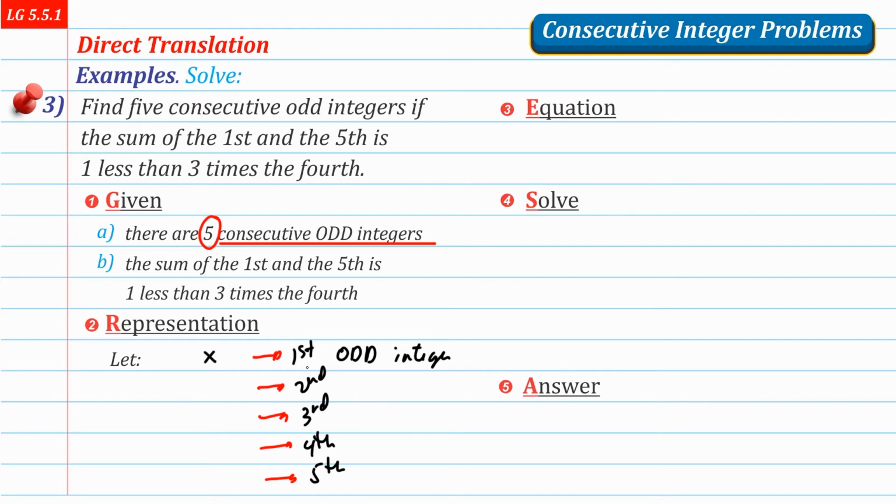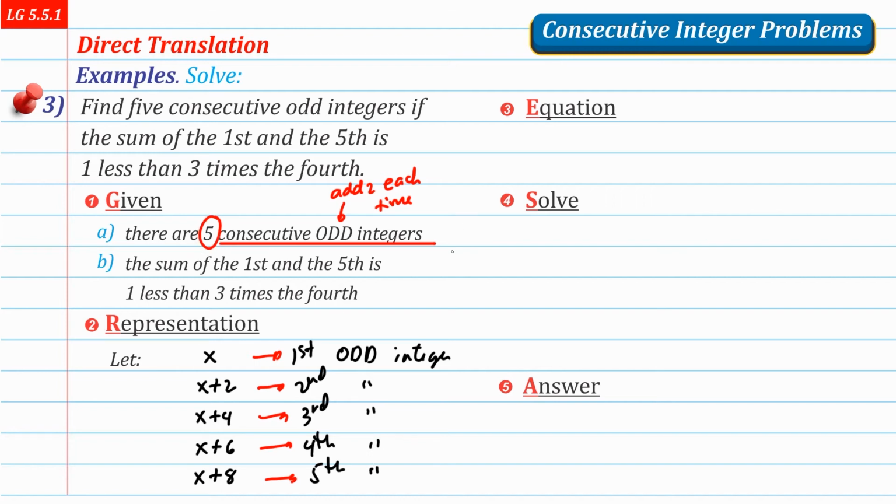Please type. It's x plus 2, and then x plus 4. Add 2 each time, that's our clue from earlier. Then x plus 6 and then x plus 8. That's a possible source of carelessness, so you need to know there are 5.